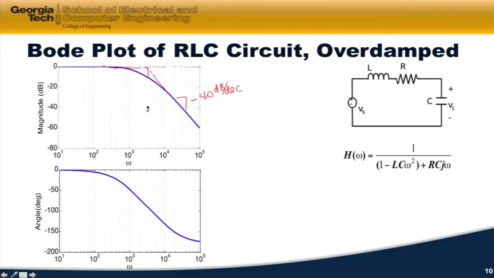That corner frequency down here is 1 over the square root of LC. It's kind of where the plot changes. Now, the angle goes from 0 degrees to minus 180 degrees as we go from low frequency to high frequency.